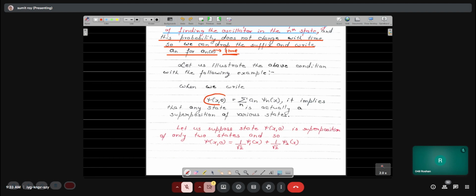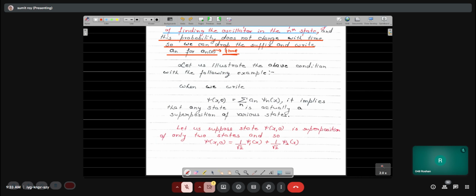Any state of the harmonic oscillator is basically a superposition of various states. ये स्टेटमेंट अब धीरे धीरे समझने लगे हैं ना कि कोई एक स्टेट कुछ और अदर स्टेट्स के सुपरपोजिशन से क्रिएट होता है.